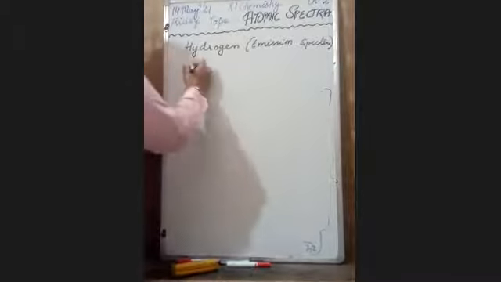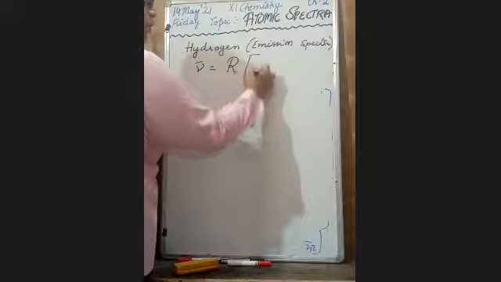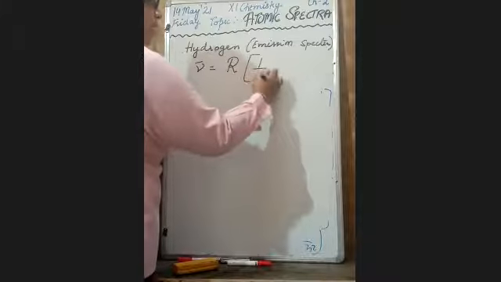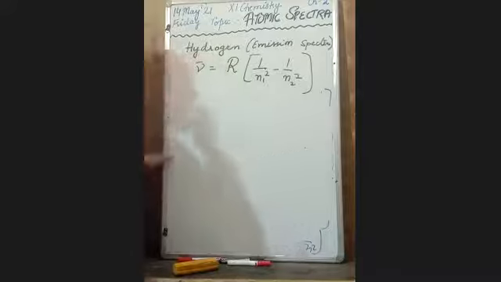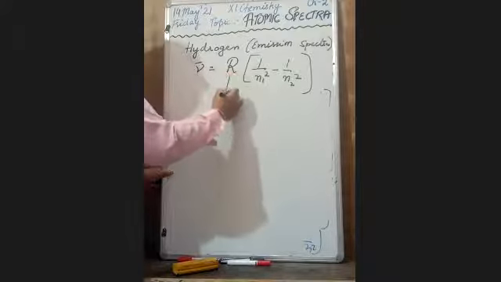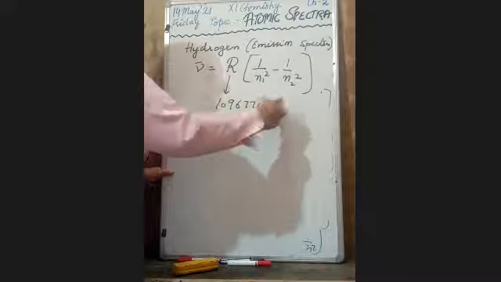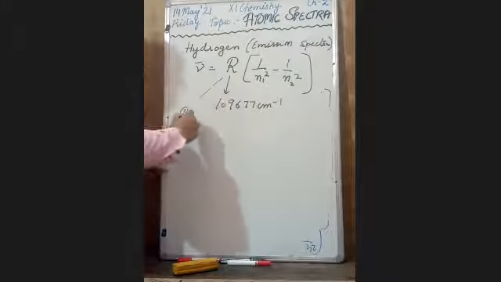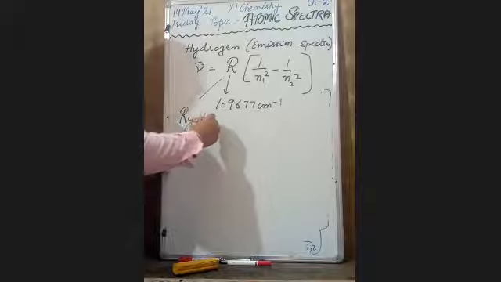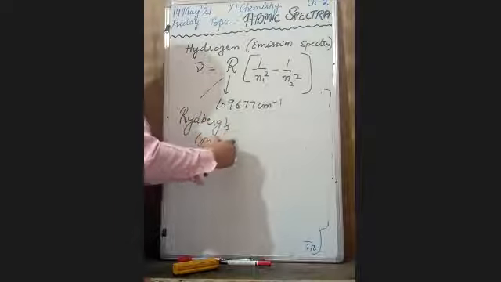It was wave number is equal to R into 1 over n1 square minus 1 over n2 square, where the value of R is 109677 per centimeter. And R is your Rydberg constant. It is the general expression, Rydberg's constant.